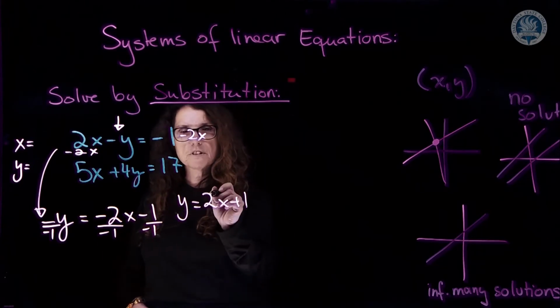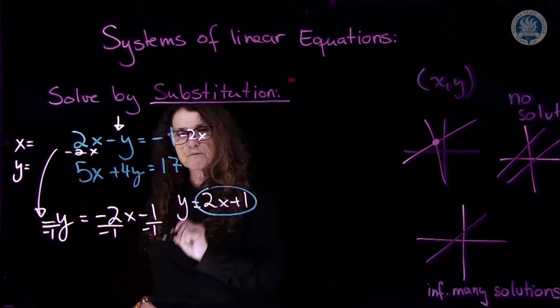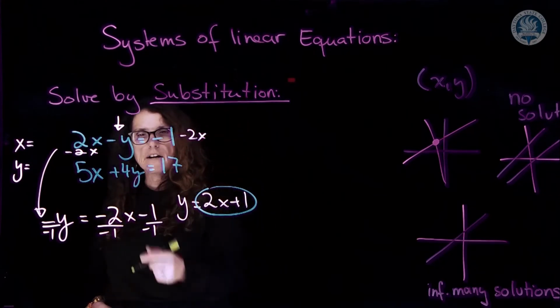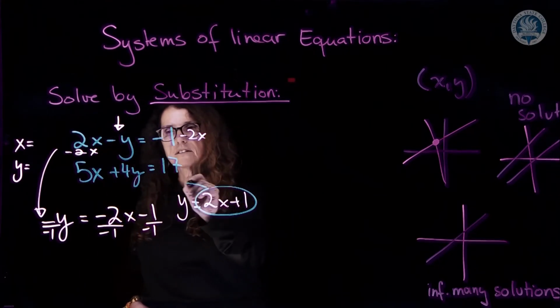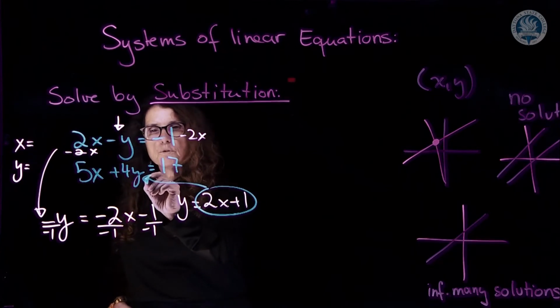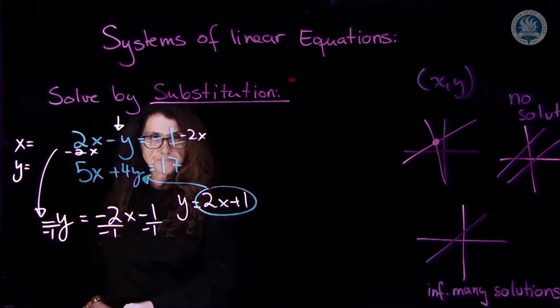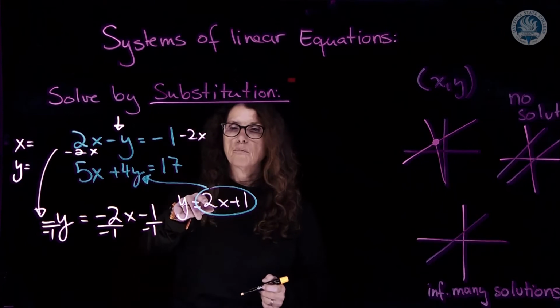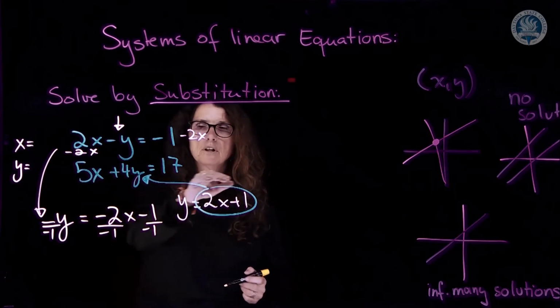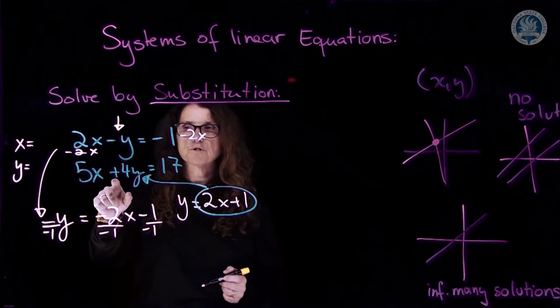What do I do with it? I'm going to substitute the y in the second equation with 2x plus 1. Why do I do this? To get an equation with just one variable.